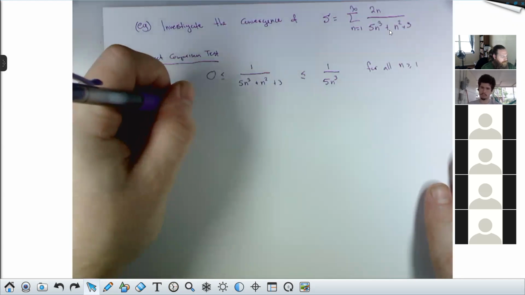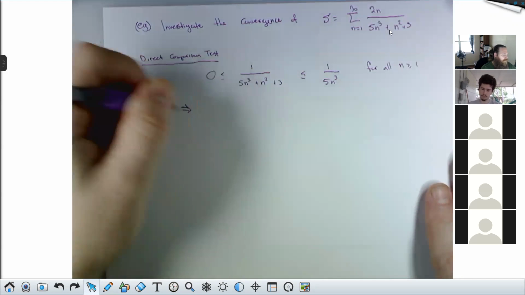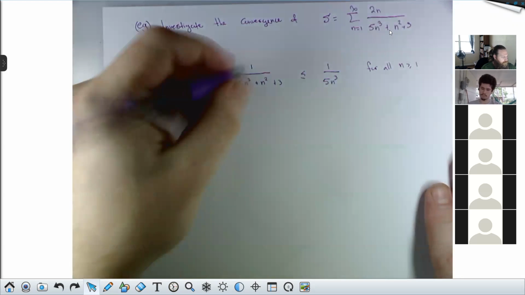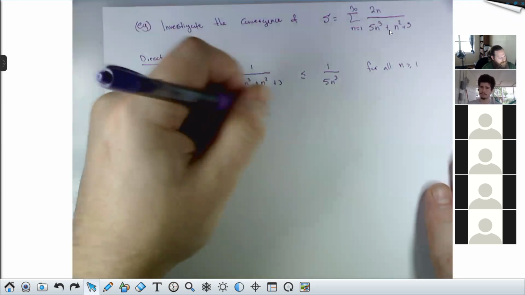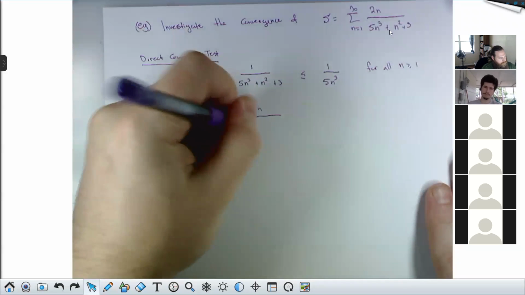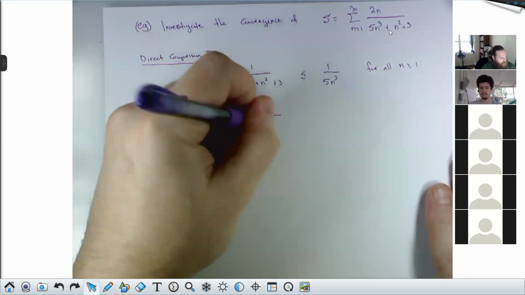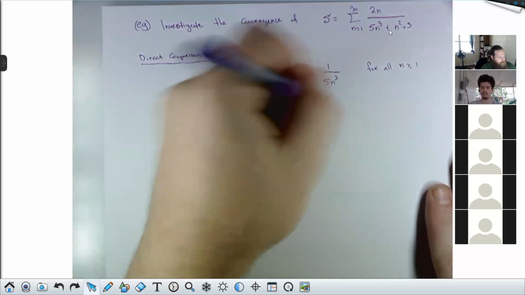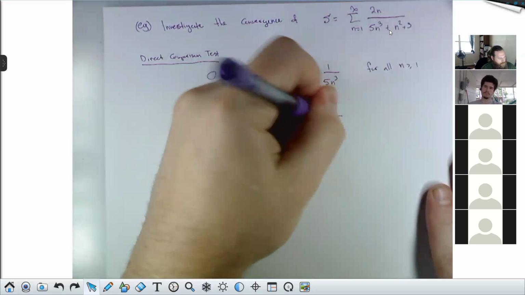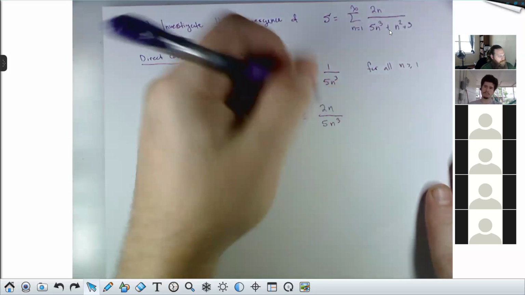Therefore, if I multiply through by 2n, I get 0 is less than or equal to 2n over 5n cubed plus n squared plus 3, which is less than or equal to 2n over 5n cubed.